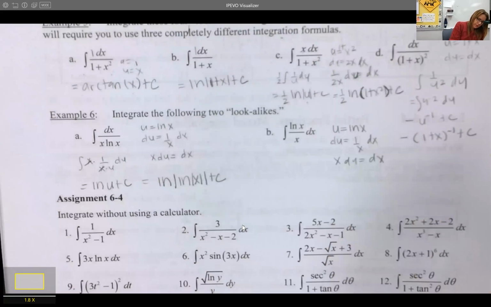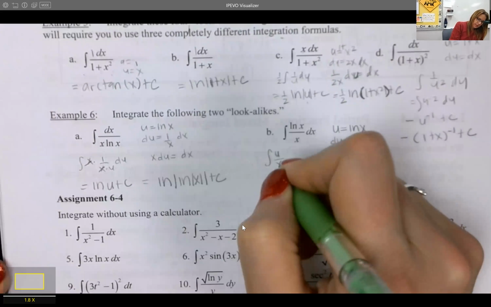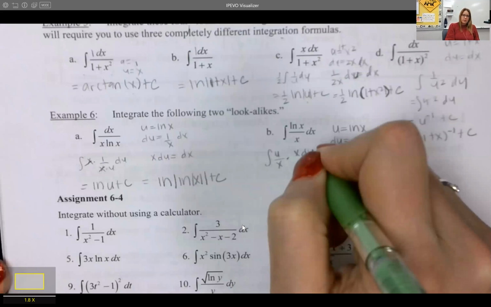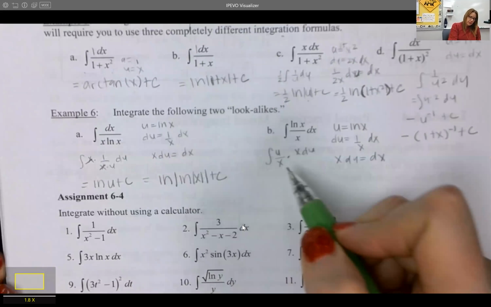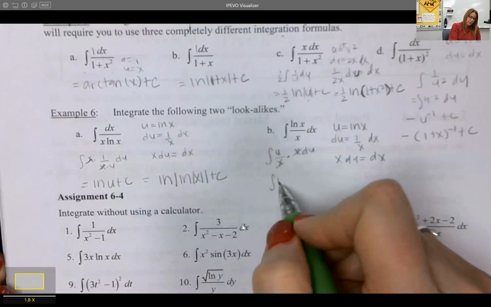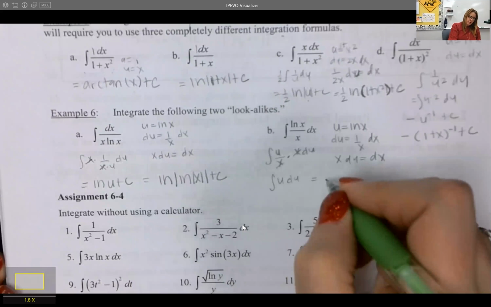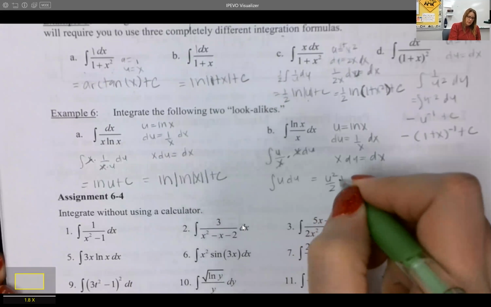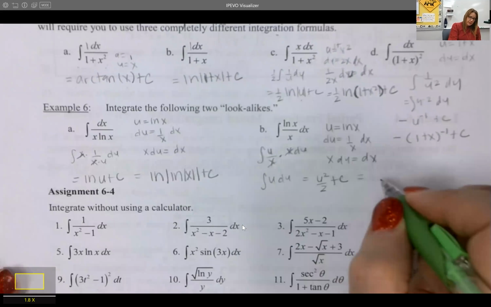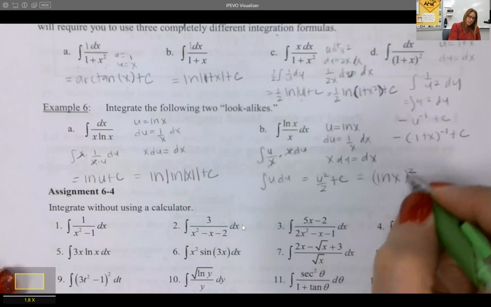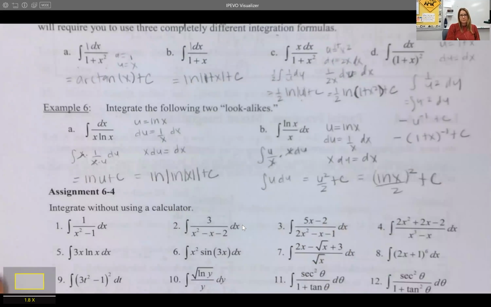So now I have u over x times x du. The x's cancel, and we're taking the integral of u, which is just u squared over 2. Natural log of x squared over 2 plus c.